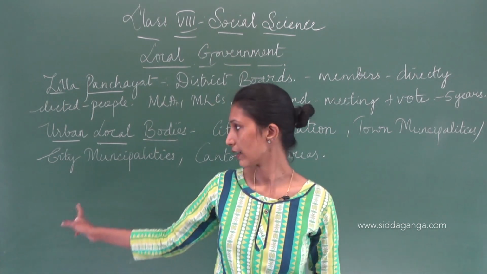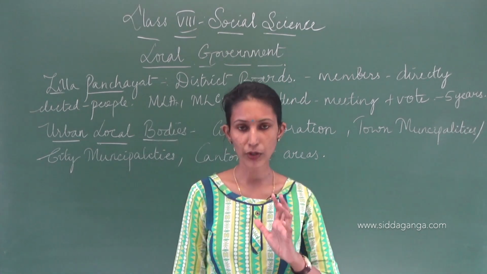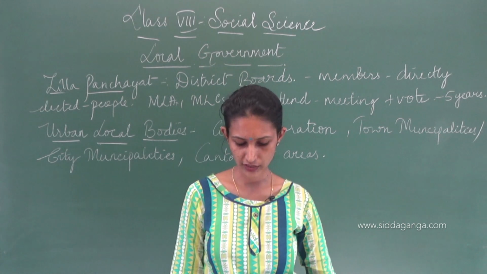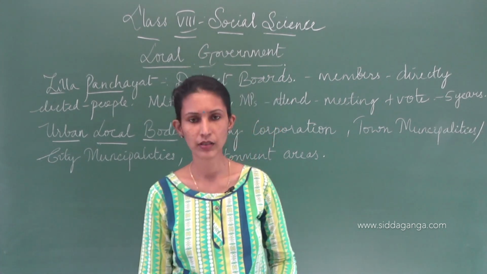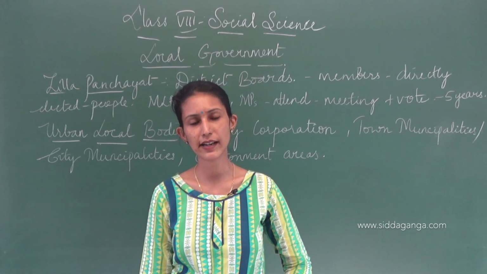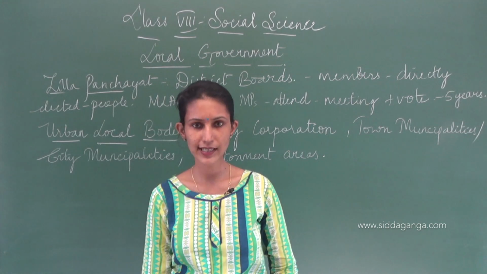Again, the town municipalities have a governing body, that is who govern their society there. Then population from 50,000 to 3 lakh is considered as a city. Then they are under the city municipality.